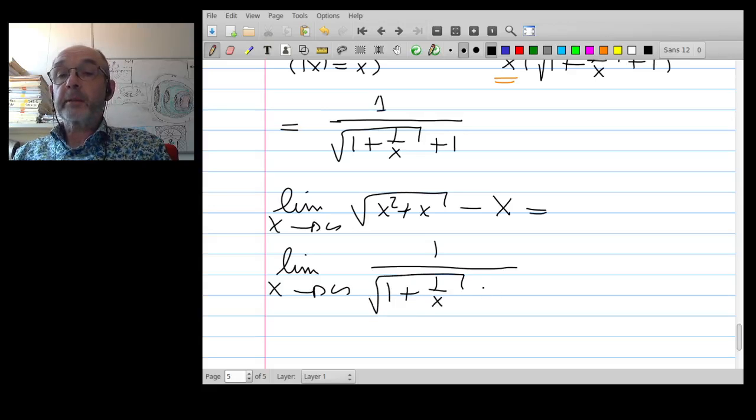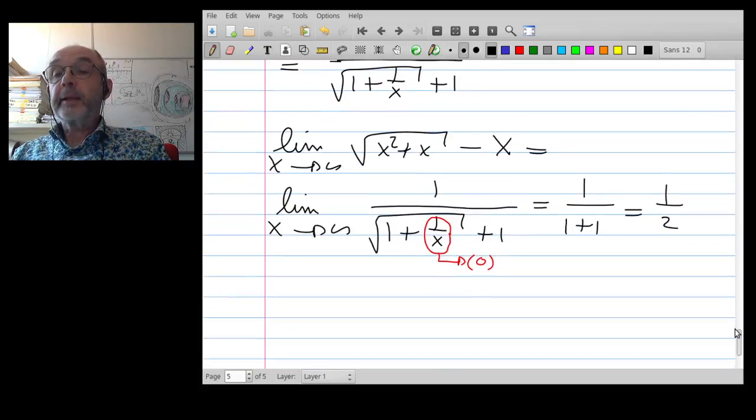This expression here. And then I see that the x goes to infinity, so this term here goes to 0. And what do I get out of it? I get 1 divided by 1 plus 1, and that is equal to 1 over 2. And I see that is not 0. Be careful.